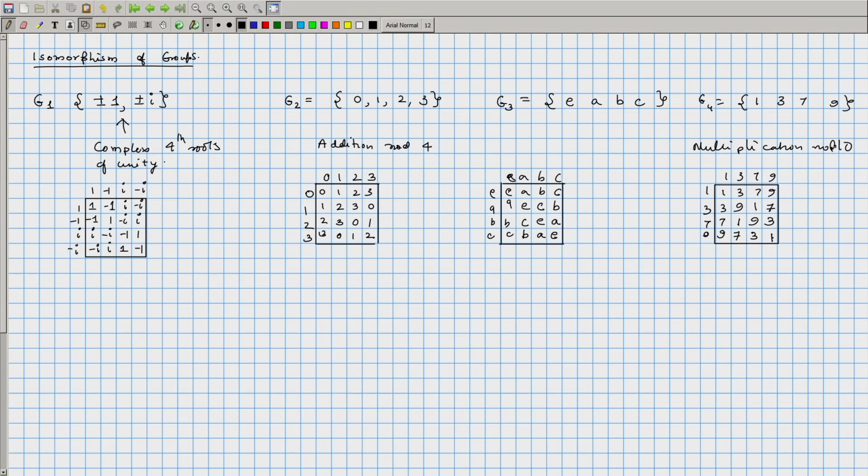Okay. So, these are all 4 element groups, but are they really different groups?